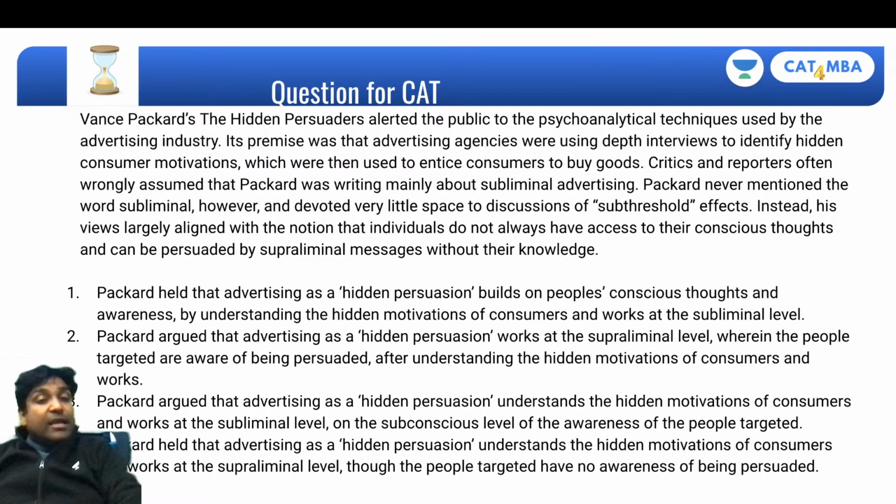Now, this is technically correct. Hence, the fourth option is the right answer. So basically, what we did here was nothing. If we had just read the piece properly, we could have taken first, second, and third as technically incorrect, and we would have marked fourth as correct.